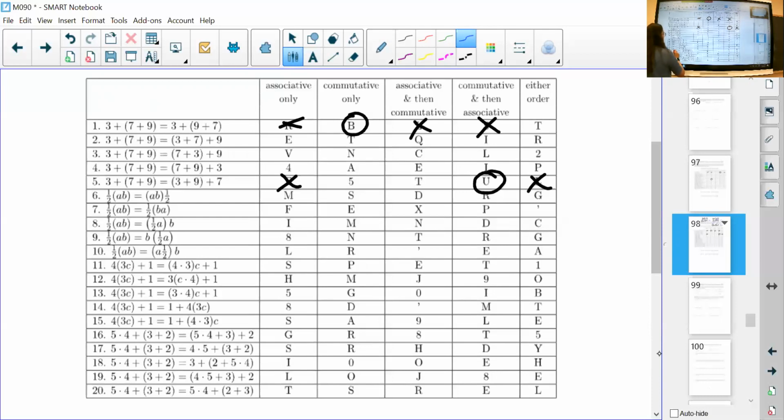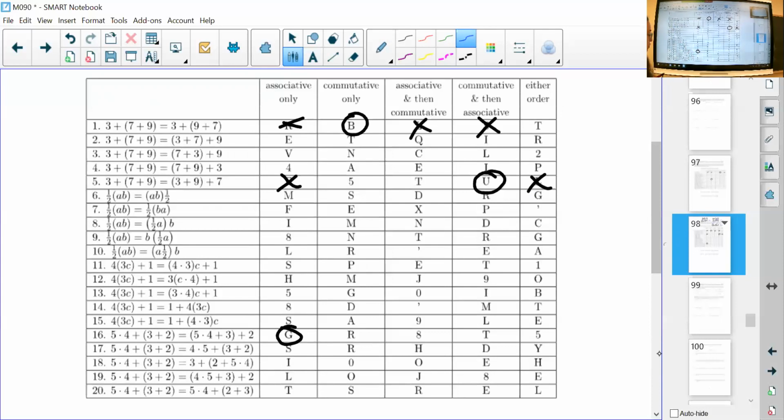So that tells me that the commutative property is not a part of that process. So what is a part of the process? What did I change? Well, I changed the grouping. I changed the parentheses from here to here. So this is associative only. Oh, I'm looking at the wrong page. No wonder.